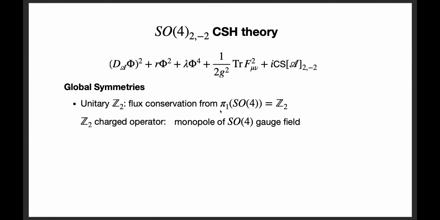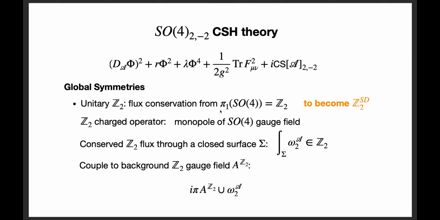This is because pi_1 of SO(4) equals Z2, so the charge operator will be the monopole of this SO(4) gauge theory. We care about this global symmetry because I will show you that this Z2 flux conservation symmetry will actually be our self-duality symmetry when acting on the low energy topological orders.